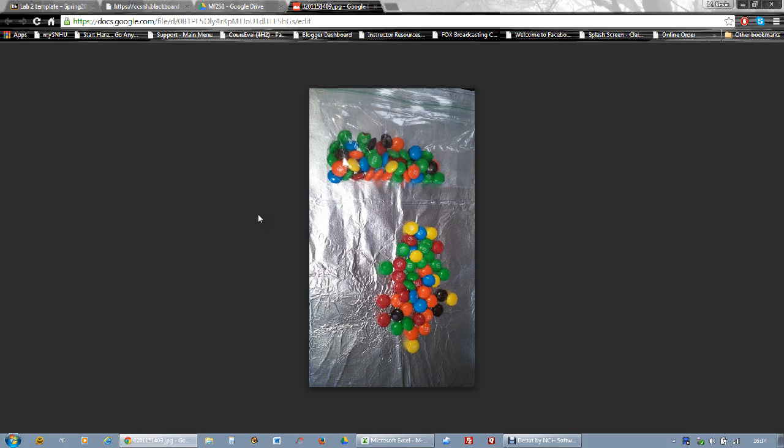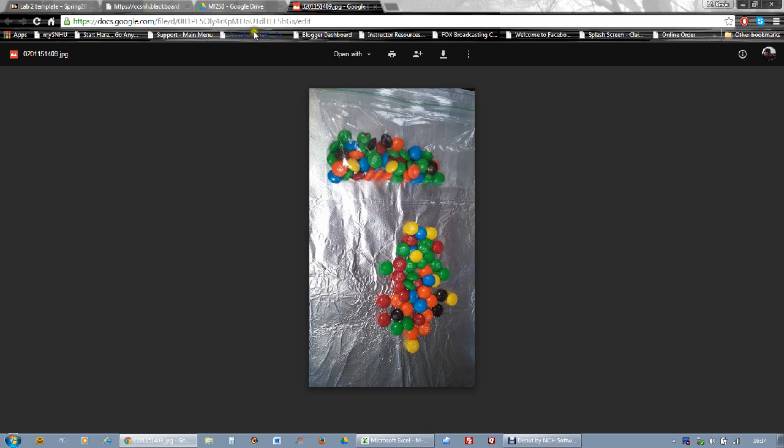So we'll use 1.5 ounces plus or minus a 16th. And then I had the class dump them out and then separate them into colors.